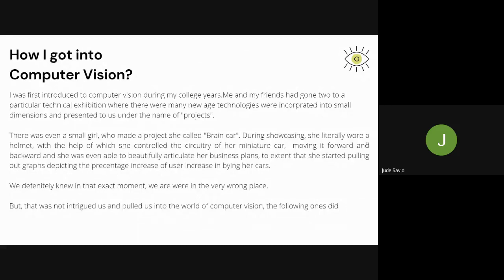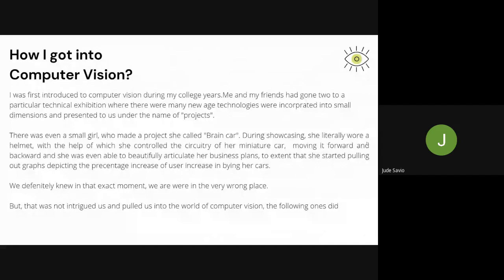we were taken aback by this demonstration at first, and we didn't really think that this girl was able to do everything. And upon further questioning, she had everything figured out. She could even beautifully articulate her business plans, to the extent she started pulling out graphs and depicting the percentage of increase in users with this model fitted inside their car.